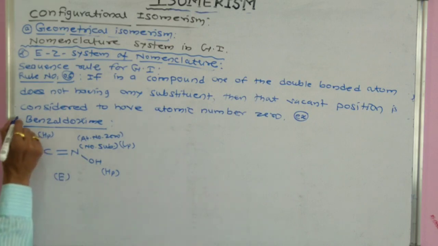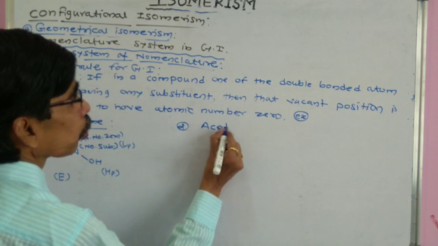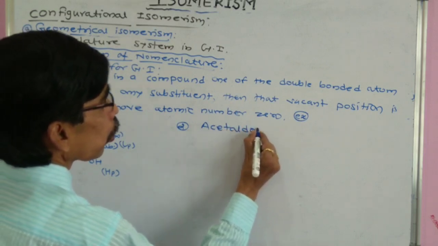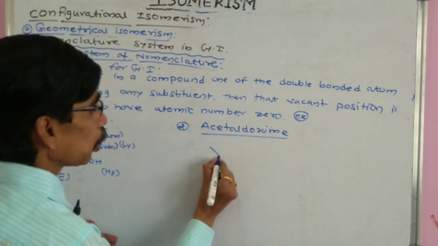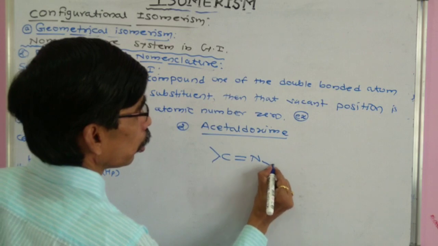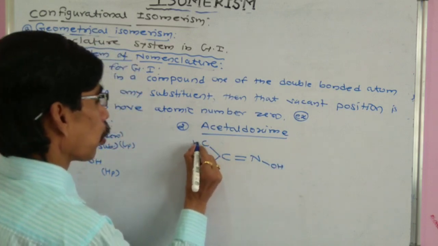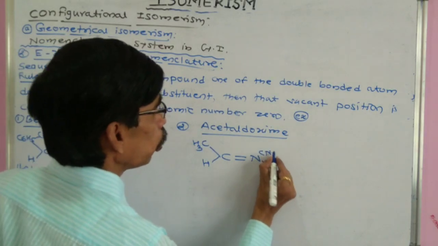Now, the second example is acetaldoxime, which is similar, with CH3 and H. Now here no substituent.